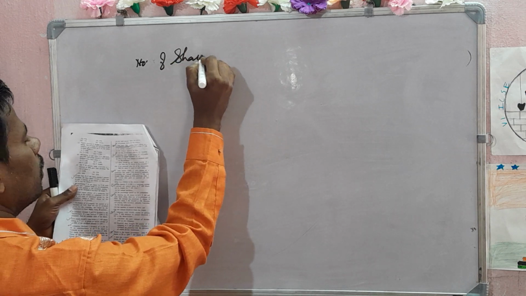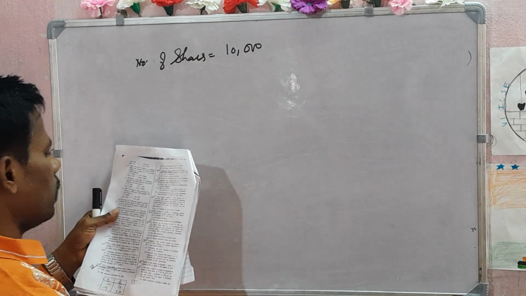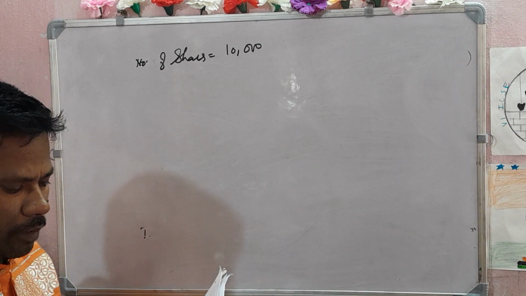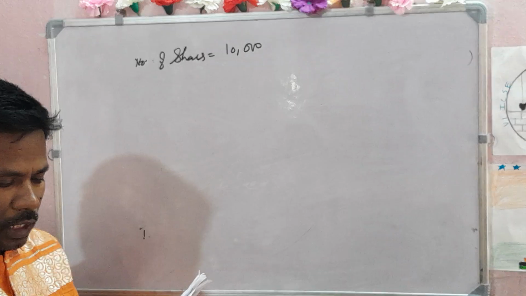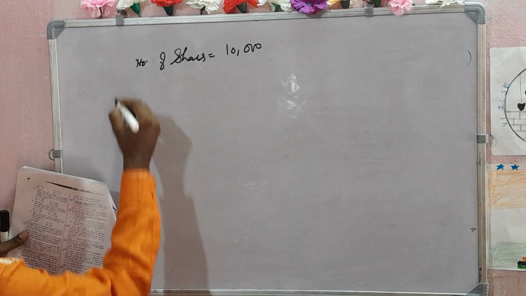Number of shares is equal to 10,000. And face value of each share is how much? 100.